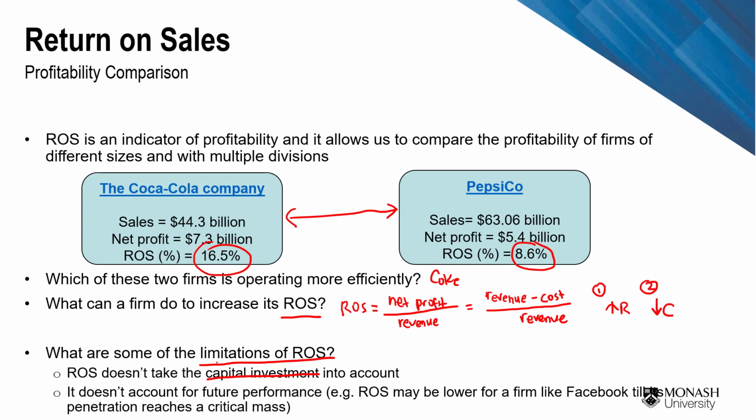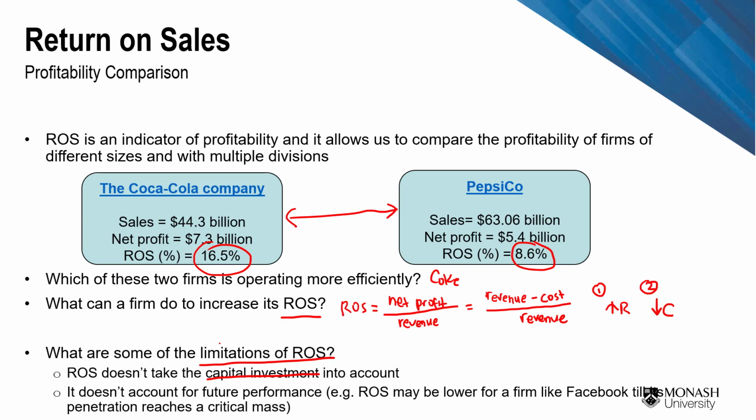Now, it also doesn't take into account future performance, as in the example I said earlier. ROS for firms like Facebook was very low to start off with until now, where the platform is up and running.